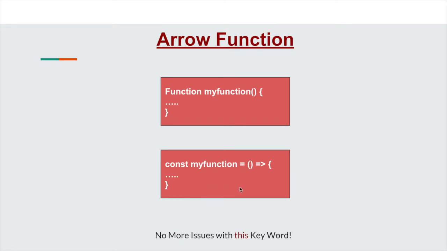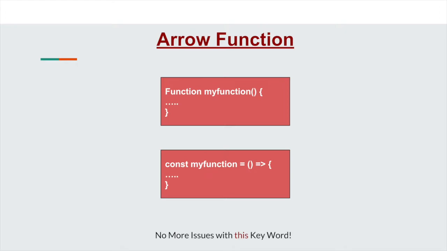Here I'm storing it in a constant, and then on the right side of the equals sign, that's the arrow function syntax: a list of arguments, here there is none, but it could hold some arguments, and then an arrow, so an equal sign and a greater than sign, and then the function body.